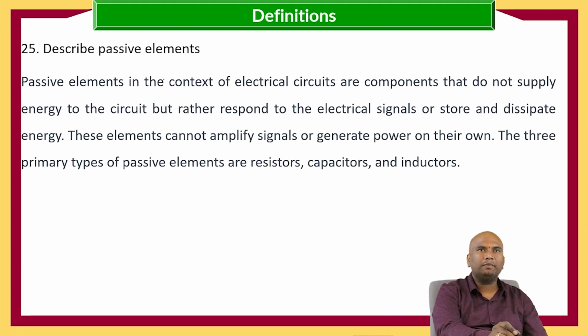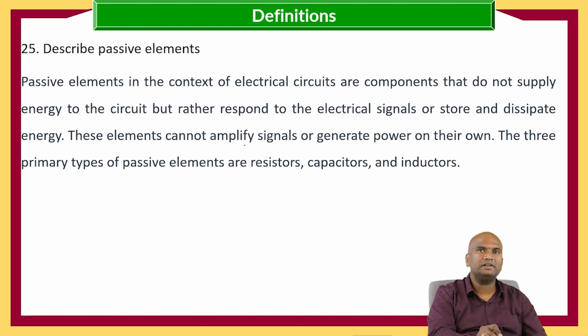Describe passive elements. Passive elements in the context of electrical circuits are components that do not supply energy to the circuit but rather respond to the electrical signals or store and dissipate the energy.